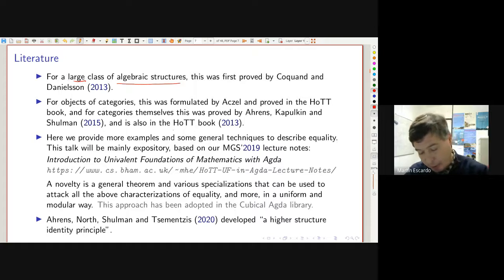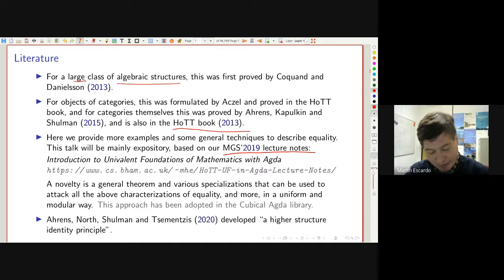It's also in the homotopy type theory book. I proved a different way, a different structure identity principle, which we are going to use in this talk, in my lecture notes on univalent type theory or univalent foundations of mathematics.